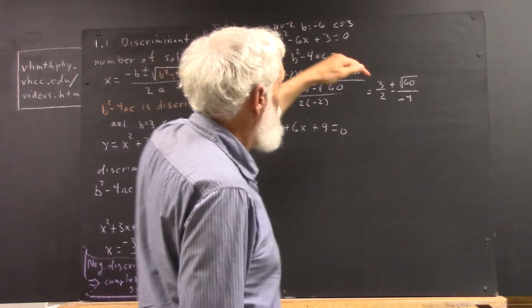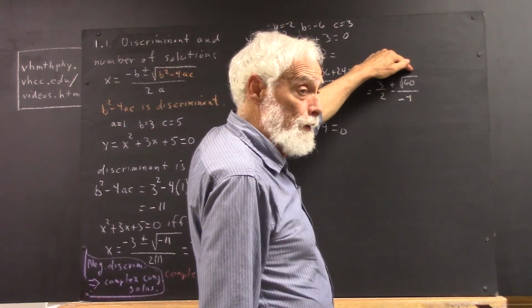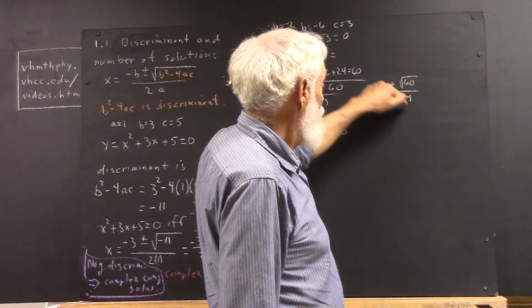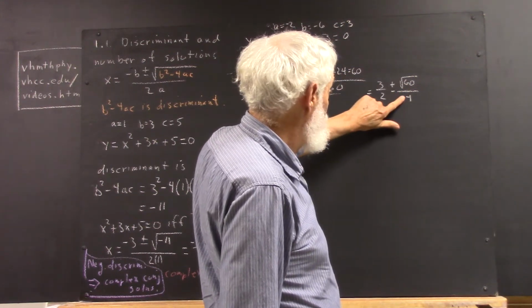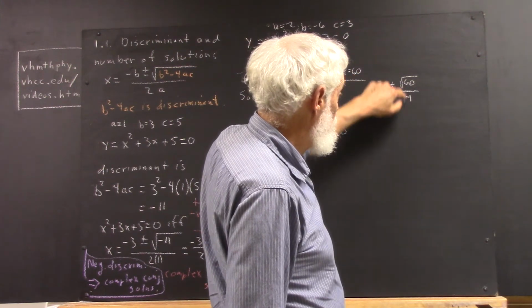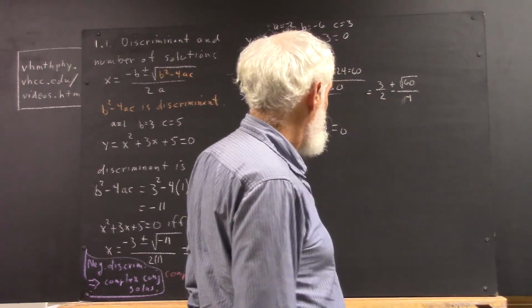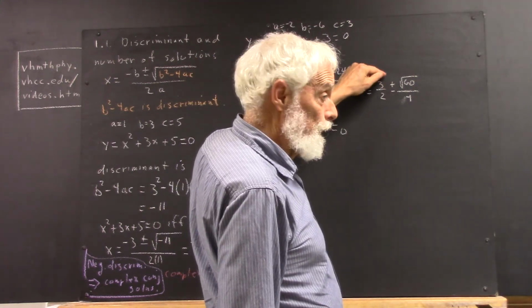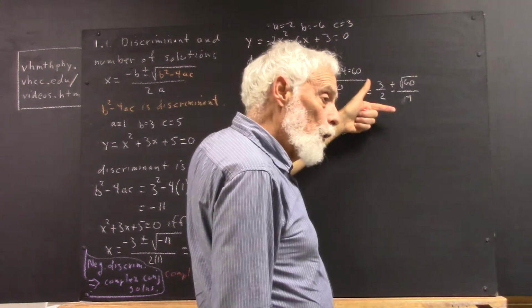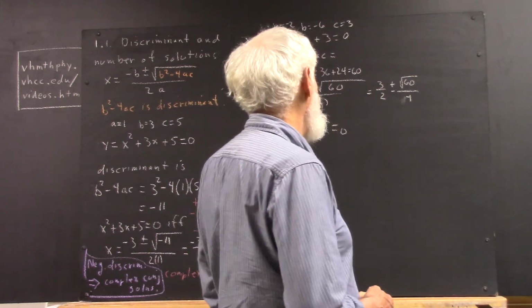Now, plus the square root of 60 over negative 4 and minus the square root of 60 over negative 4 together give us either plus or minus the square root of 60 over 4. If we have a negative 4 down here, we have a plus and minus up here, so we still get both the same solutions.